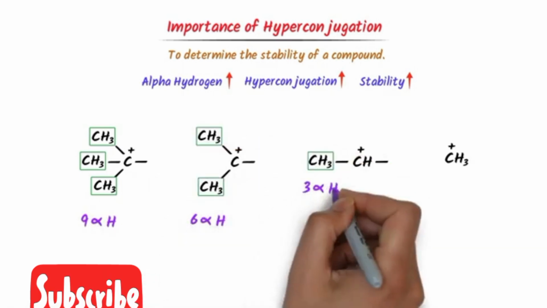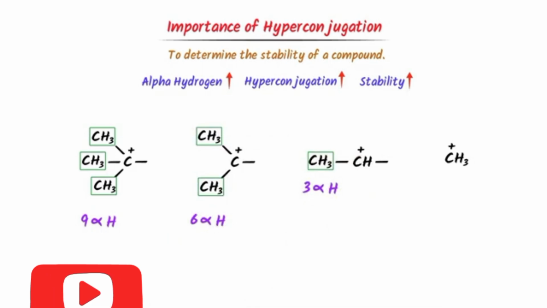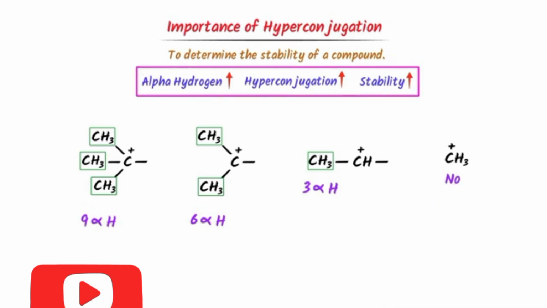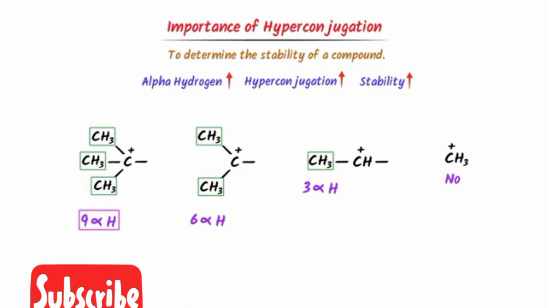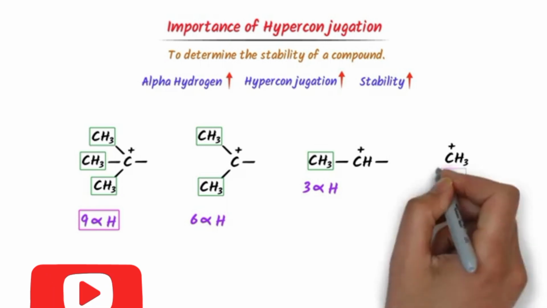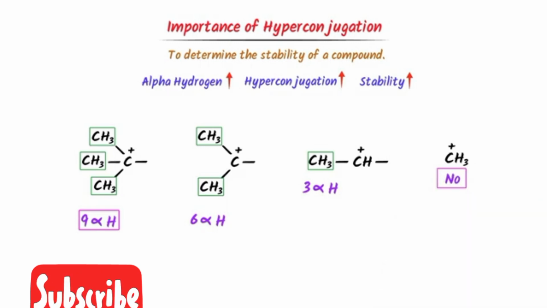In this one, there are no alpha hydrogens, so hyperconjugation wouldn't occur here. According to this rule, the more alpha hydrogens, the more hyperconjugation, the more stability. This compound has the most alpha hydrogens, so it is the most stable. This compound has no alpha hydrogen, so it is the least stable compound. Hence this is the order of stability. Therefore, we need to study hyperconjugation in order to determine the stability of organic compounds.